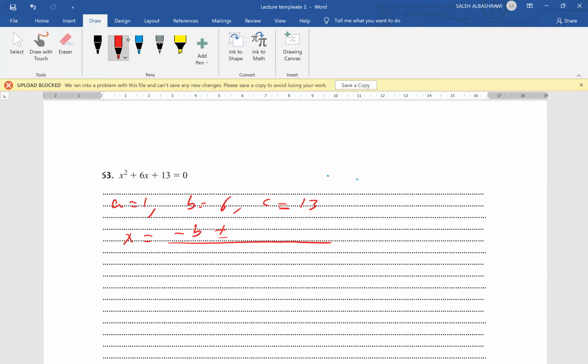minus b plus or minus square root of b squared minus 4ac, divided by 2a, which is equal to minus 6 plus or minus square root of 6 squared, it is b squared, which is 6 squared, minus 4 multiplied by a multiplied by c, divided by 2 times a.